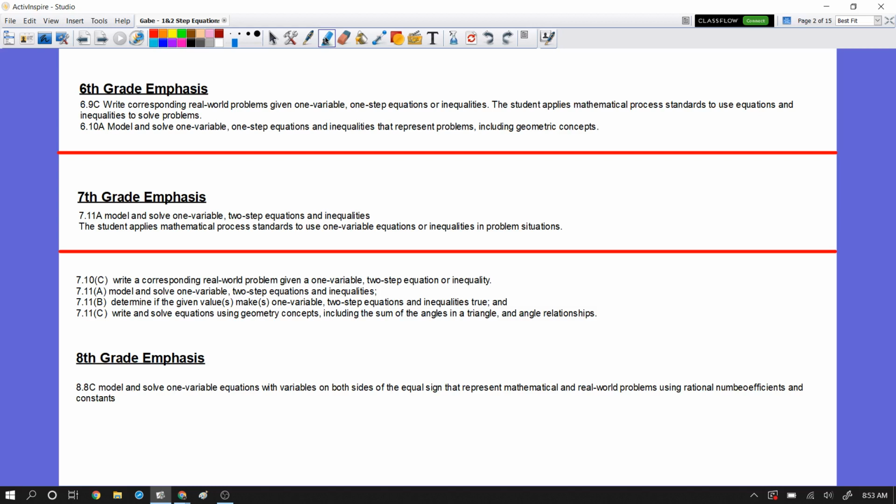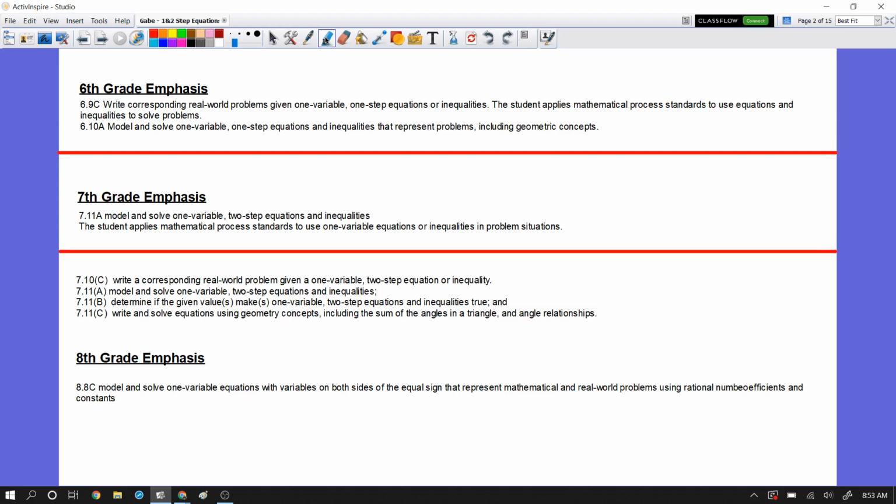So the sixth grade emphasis, model and solve one variable, one step equations. We're going to go over that, but the purpose of that is to create a foundation. I believe you already have it. I just want to make sure that we're emphasizing so we can go into higher level concepts. So currently where you're at is solve one and two step equations.